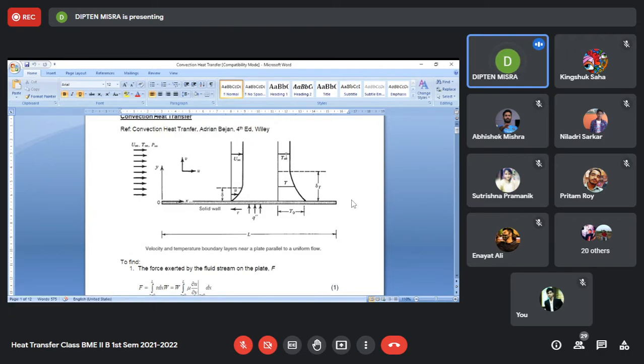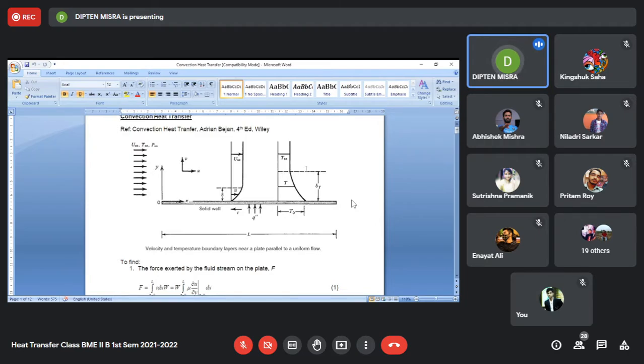Similarly, there are two zones in terms of temperature variation. The zone inside is called the thermal boundary layer zone, and outside it is the thermal free stream zone. And these two zones, the velocity boundary layer zone and the temperature boundary layer zone, may be distinct in most cases.